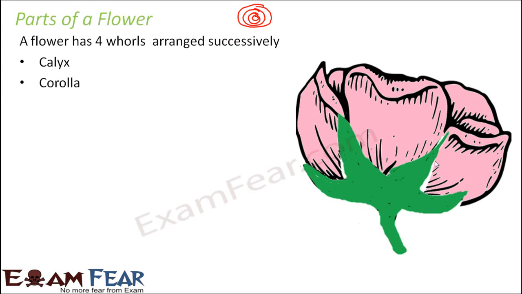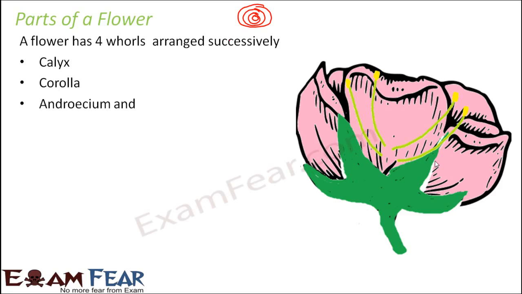So this calyx is the outermost whorl. The next whorl is corolla, that is the petal. So corolla is the name given to the whorl of petals, and petals is the term for each of these colored structures. The third whorl is androecium, which consists of the stamens.